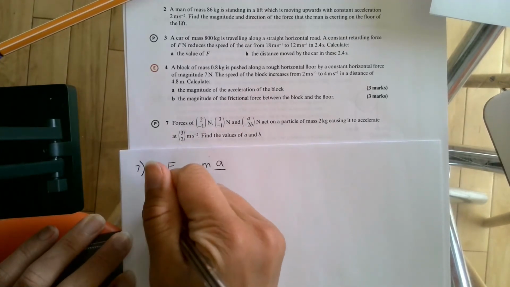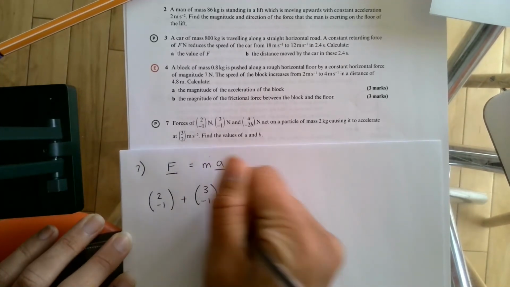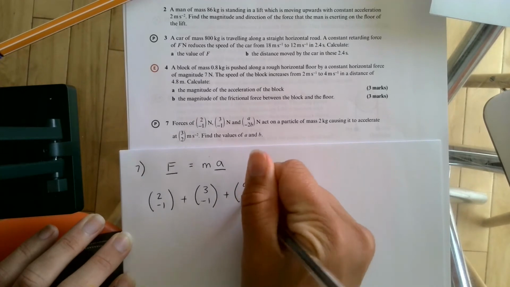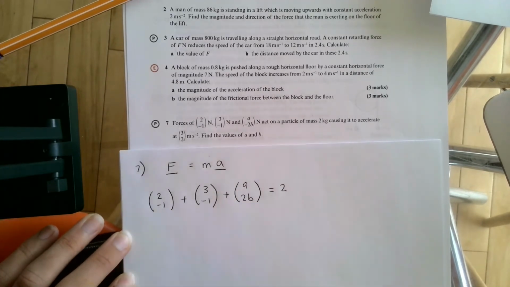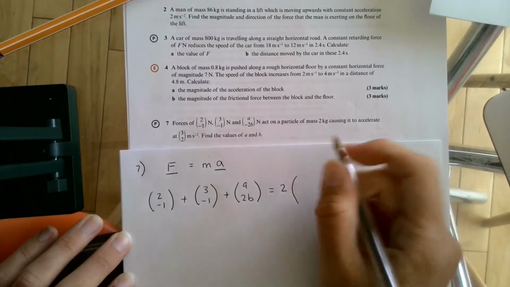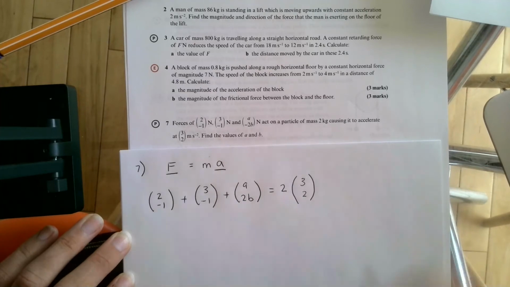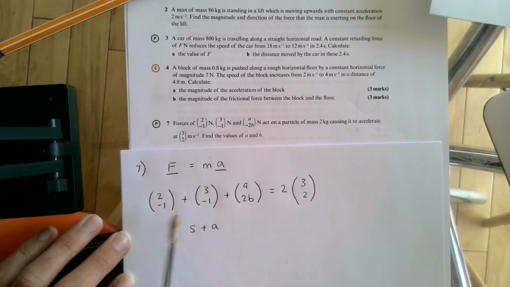So I've got 2 minus 1, add on 3 minus 1, add on A to B, and that is equal to the mass, which is 2 kilograms, multiplied by the acceleration, which is the vector 3.2. Well, here I've got 2 plus 3 plus A, that is 5 plus A at the top, minus 1 plus 2B.